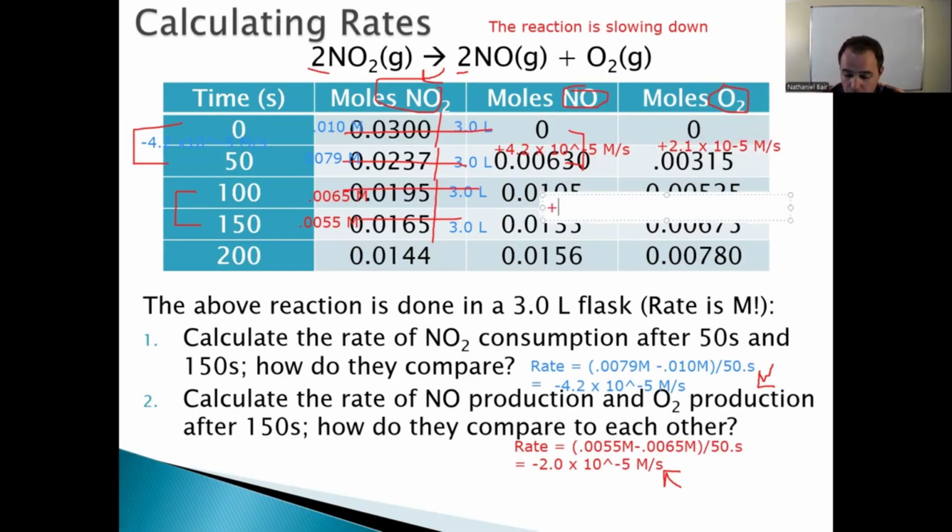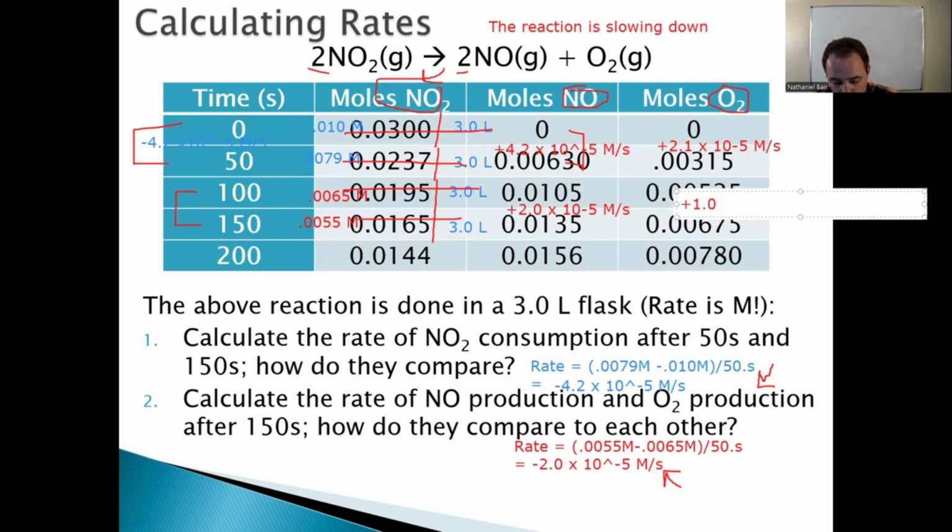So this would be a positive 2.0 times 10 to the negative fifth molar per second. And then because the O2 has a ratio of 1 to 2, it's half of that, then the O2 would have a rate of production of half of that, 1.0 times 10 to the negative fifth molar per second.